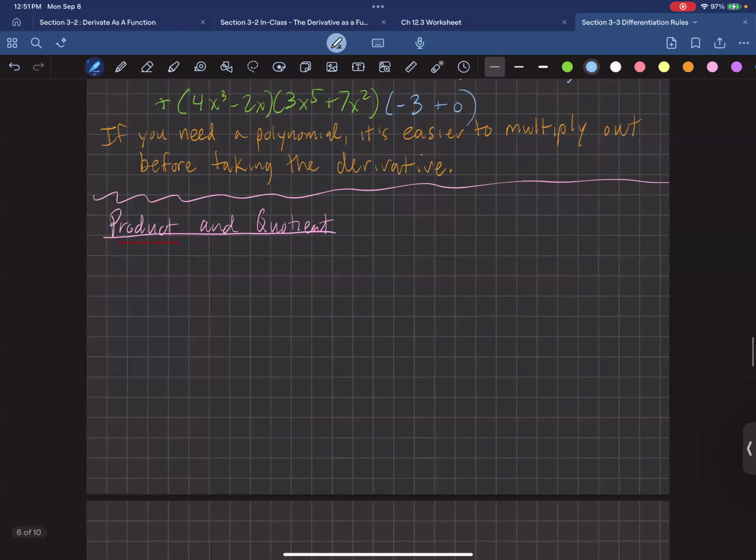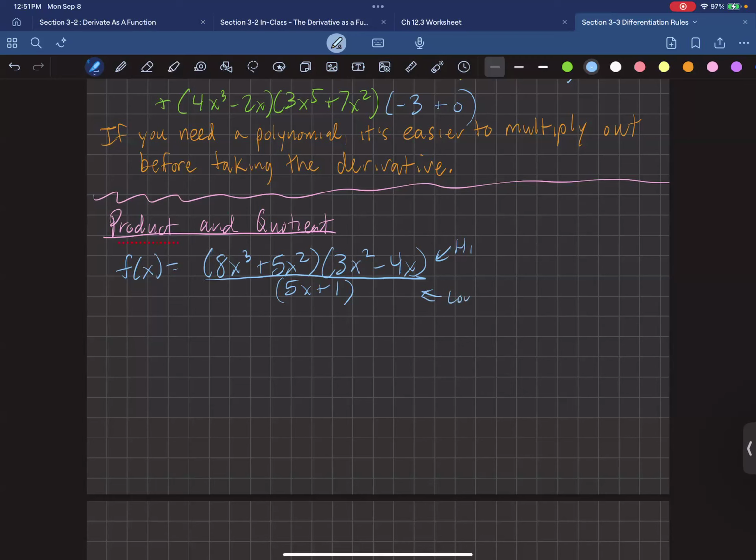Let's say, I don't know, we have f of x equals 8x cubed plus 5x squared times 3x squared minus 4x all over 5x plus 1. So this is a quotient. This is my high. This is my low.